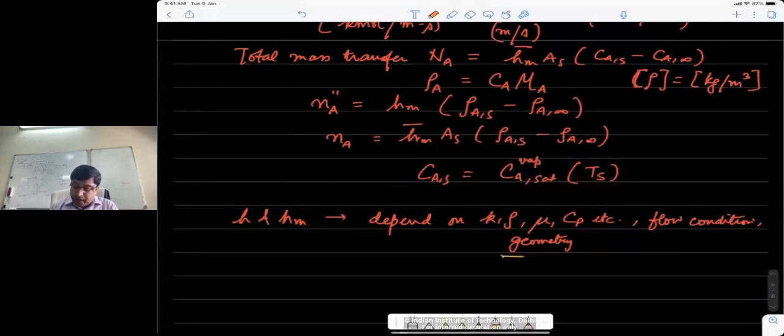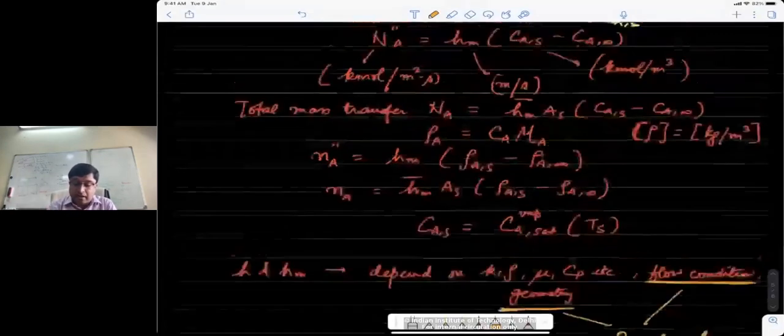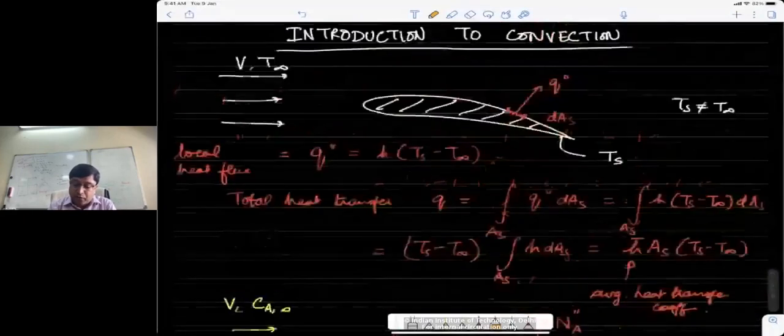More precisely, geometry and flow conditions will have a strong influence on the boundary layer development on a surface, and the boundary layer will be shown to have a very strong influence on how h and hm change, even locally. As I was saying earlier, we defined a local heat transfer coefficient.